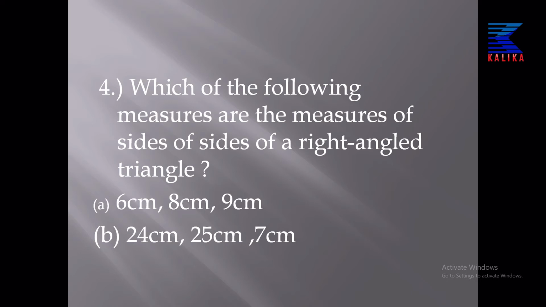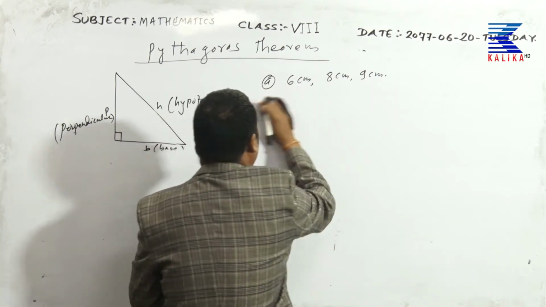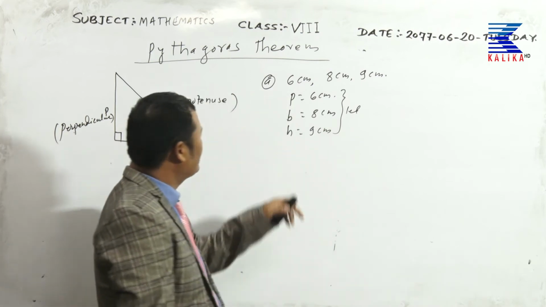The square of 6 is 6 into 6, 36. Just a minute, please. Let P be 6 cm, B be 8 cm and H be 9 cm.